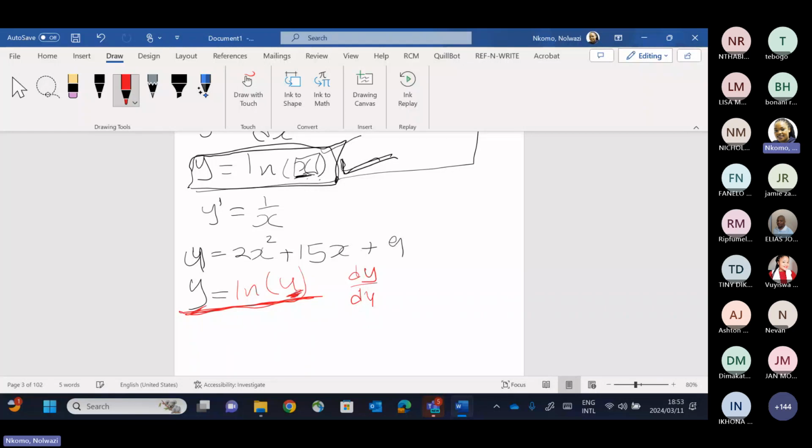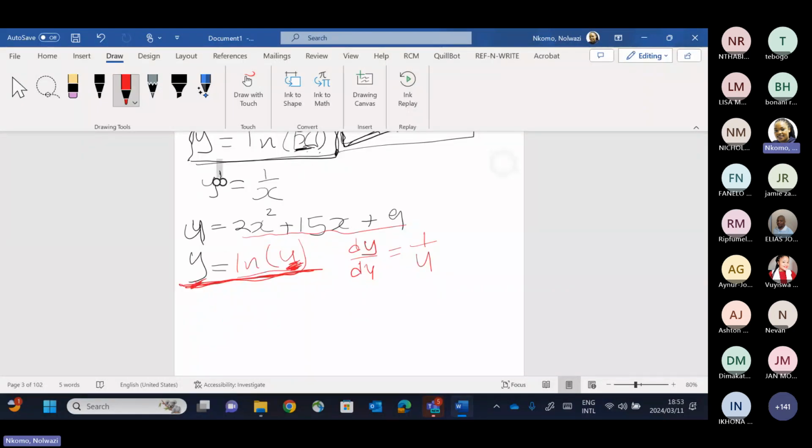This function depends on u, it doesn't depend on x anymore. And if we differentiate this, we'll have 1 over u, right?